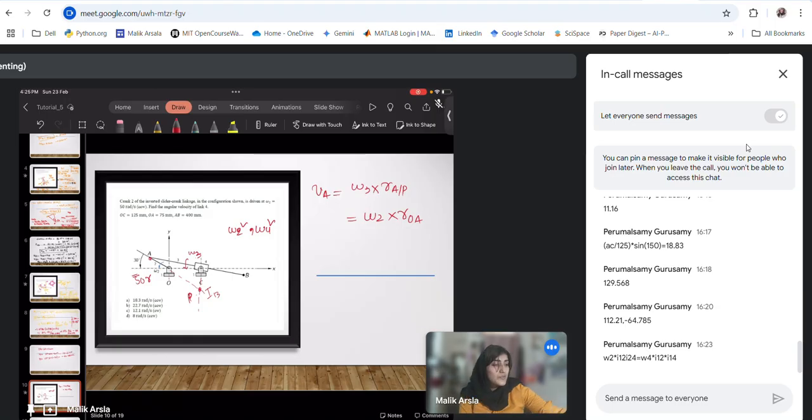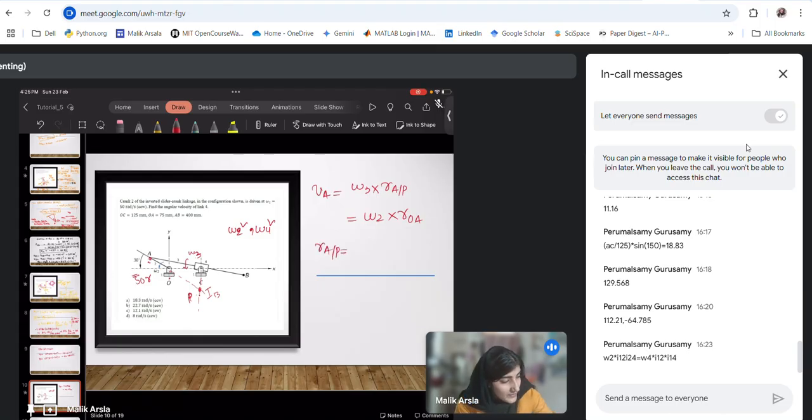So now try to do this question, because again, like we did in the previous question, I'll not solve it. The procedure is again the same. You have to find out ROA and RAP. Since we have found out RPO, so RPO is known, we can write RAP as RAO minus RPO, right?